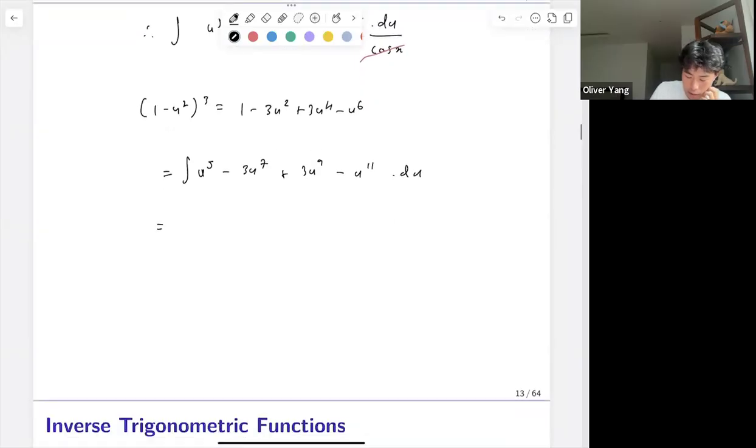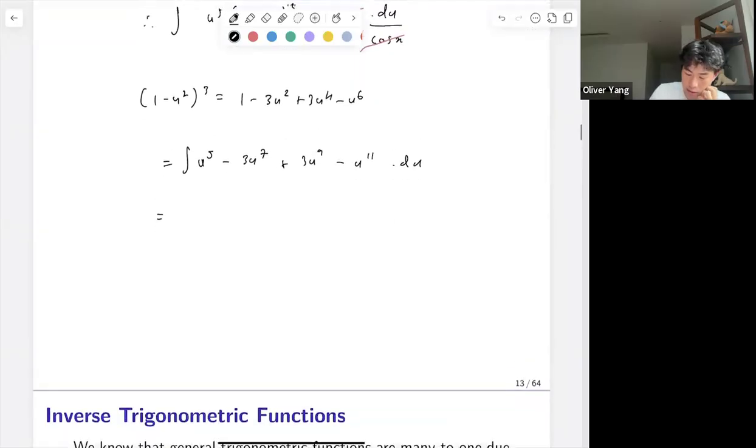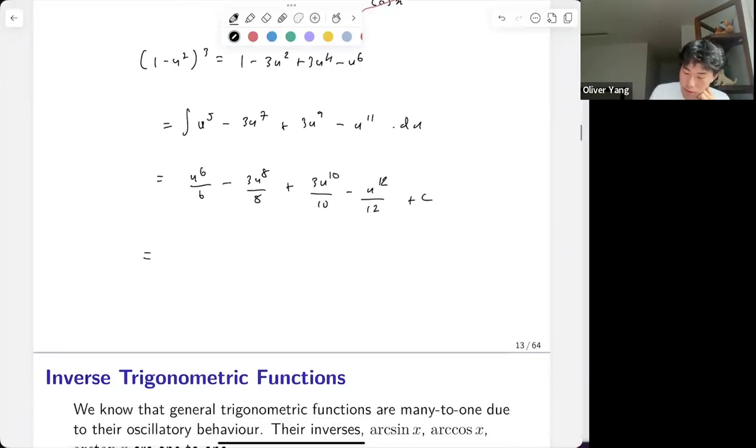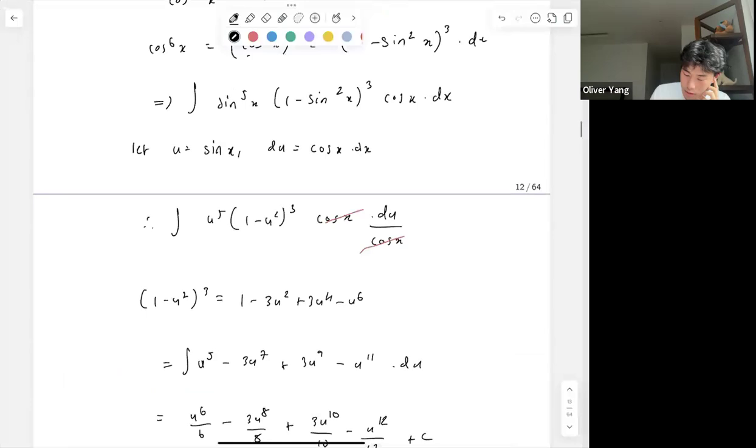Okay? And then we can just integrate this pretty easily. u to the 6 over 6 minus 3u to the 8 over 8 plus 3u to the 10 over 10 minus u to the 12 over 12 plus c. And then we can resubstitute our sines.